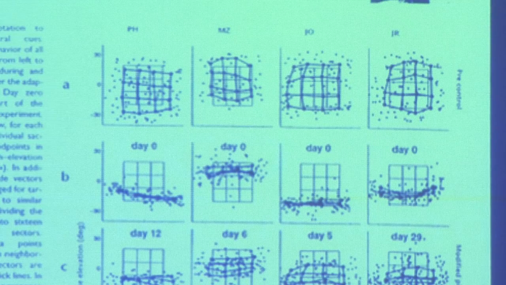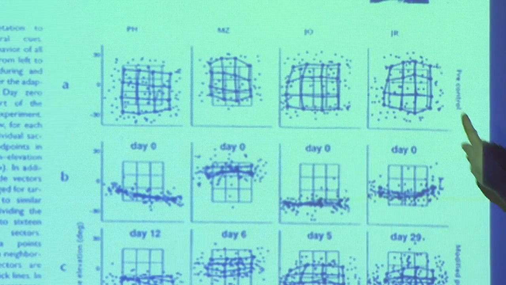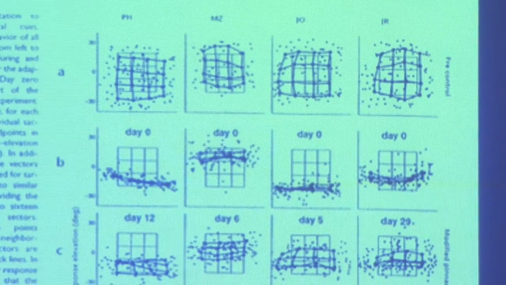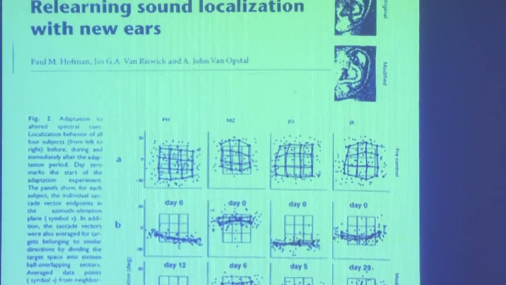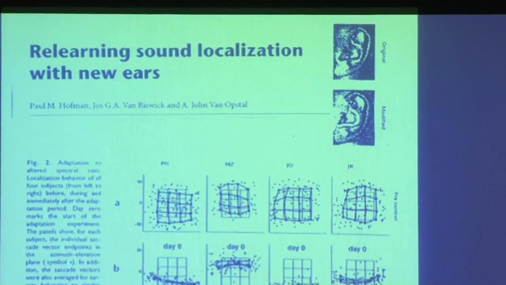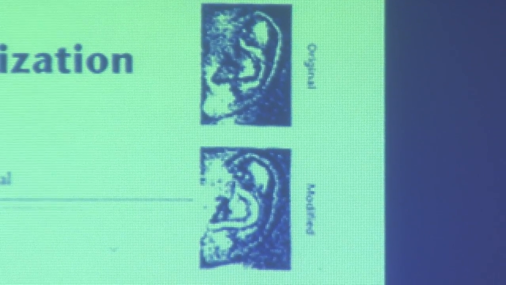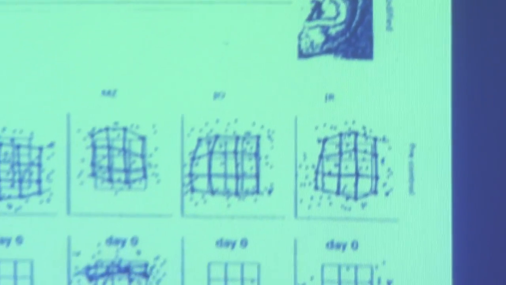What was done in the experiment is distort the pinna. How are we going to do it? Well, we could move our ear a little bit. What they did was they put in a little clay mold in parts of the pinna to change the shape, and they did that on both sides. As soon as they did that, these are now the answers from the subjects.